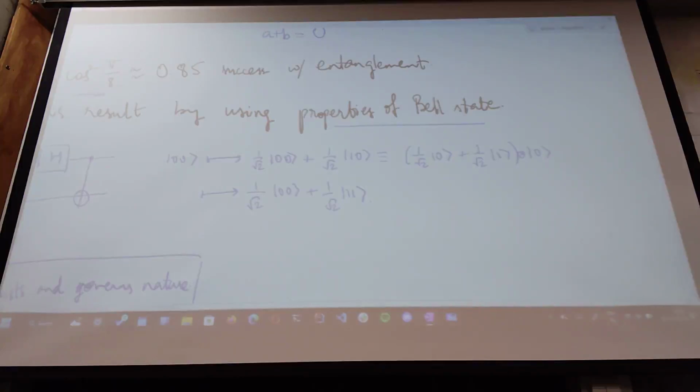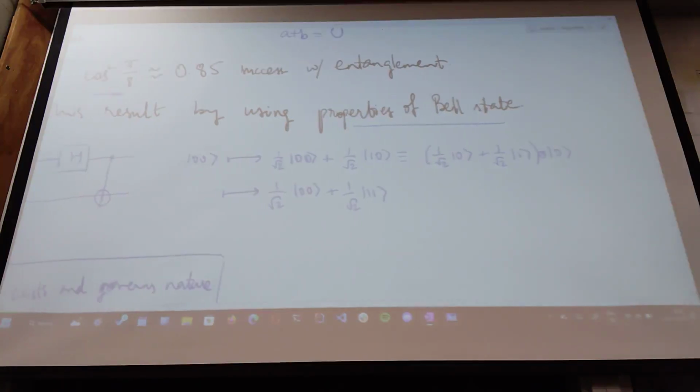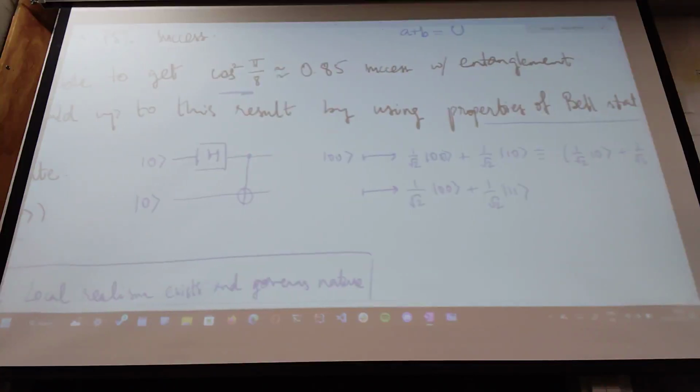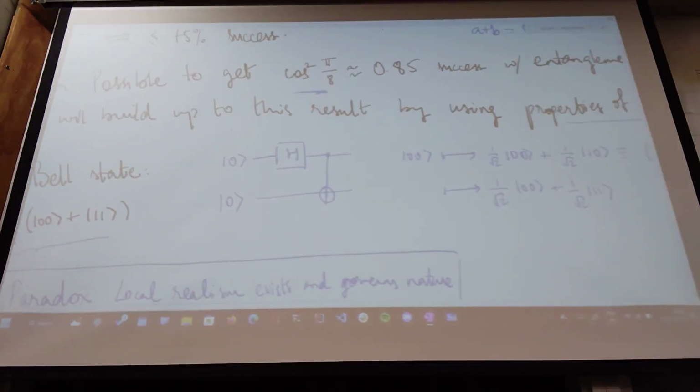Although the preparation might be very time consuming. But anyways, that's how you prepare a Bell state. It's a very simple circuit, and it subscribes to the quantum design which we've looked at so far.